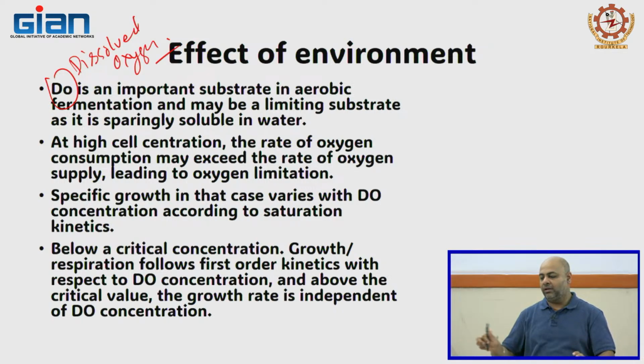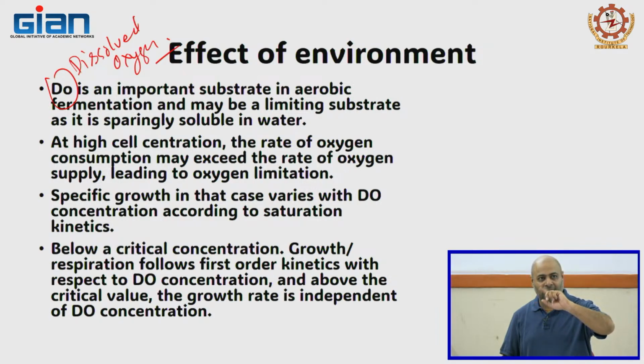What it means is, what is the zero order reaction and the first order reaction? Which one is substrate dependent and which one is not substrate dependent? First order is substrate dependent, zero order is independent of it. Can you see the relationship?